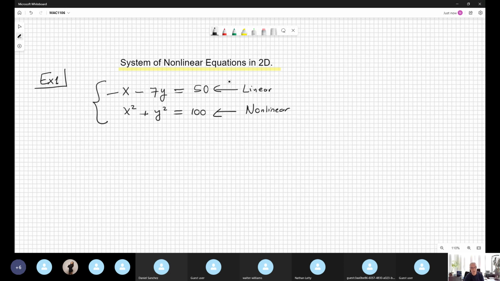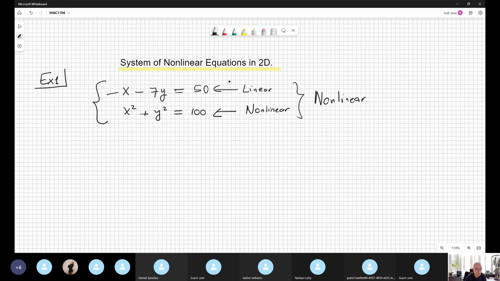Of course, this is not a line, this is a curve. Entonces es obvio que this system together is non-linear. At least one equation is non-linear, so my system is non-linear.